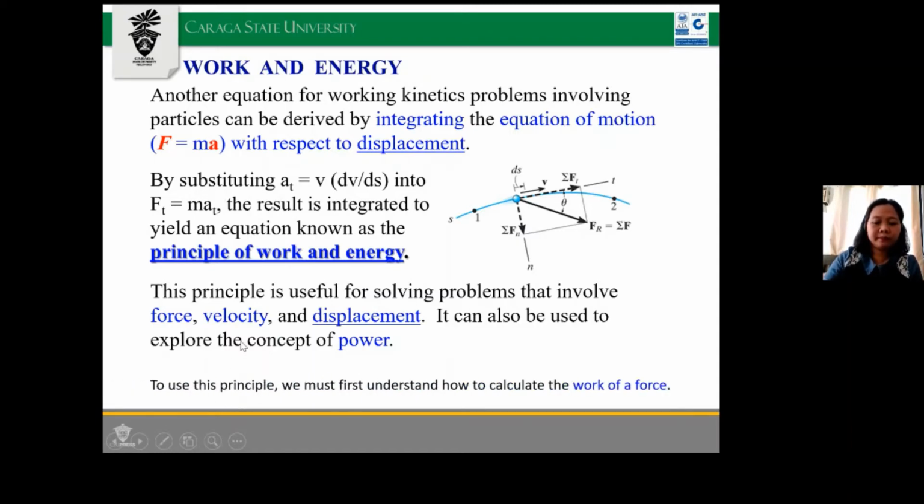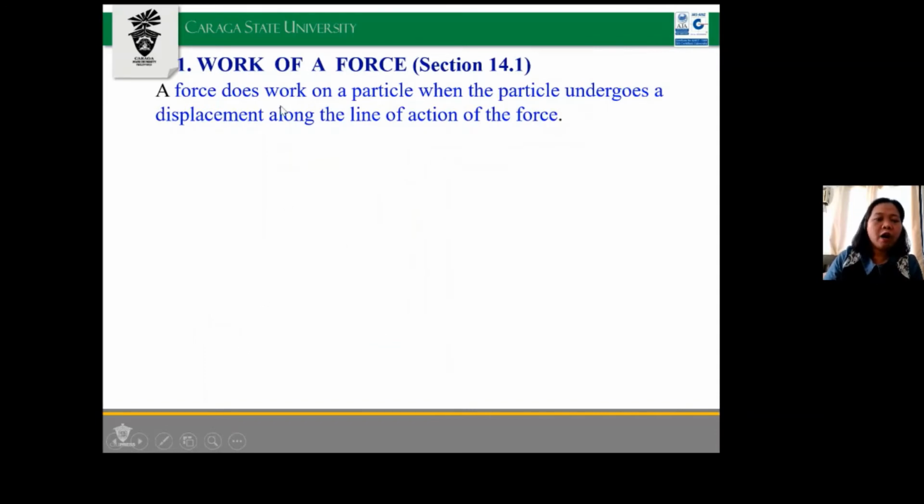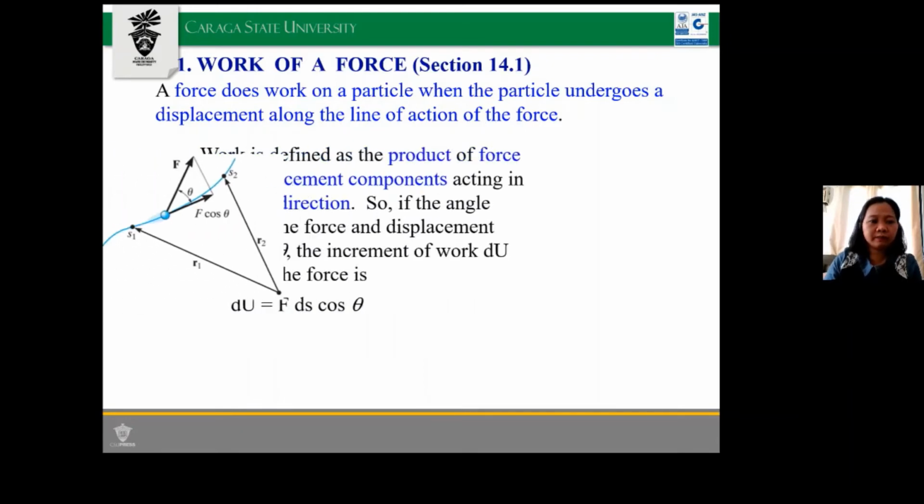Continuing, a force does work on a particle when the particle undergoes a displacement. There is no work when there is no displacement along the line of action of the force. Again, a force does work on a particle when the particle undergoes a displacement along the line of action of the force.